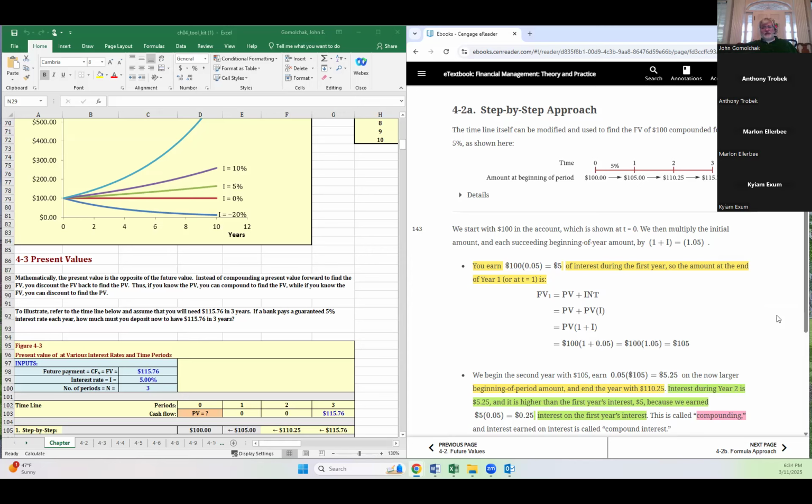If you guys want to do the formulas, the few times that I've taught this course, I will occasionally get an actuary major in the class, and they absolutely love doing the math. And more power to you if that's what you want.